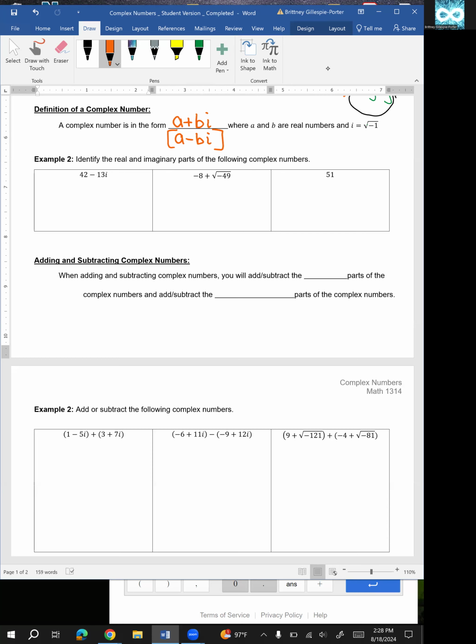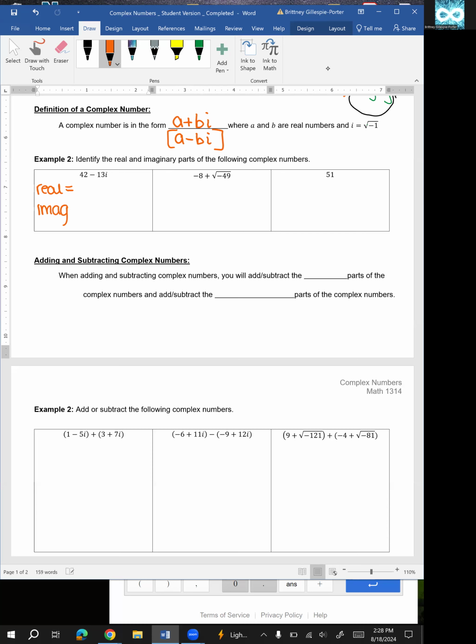We're asked to identify the real and the imaginary parts of the following complex numbers. Remember, i stands for imaginary. So if it's attached to the i, it's the imaginary part, and if it doesn't have an i, it's a real part. So here, in our first one, 42 minus 13i, and they're not combined because they are not like terms.